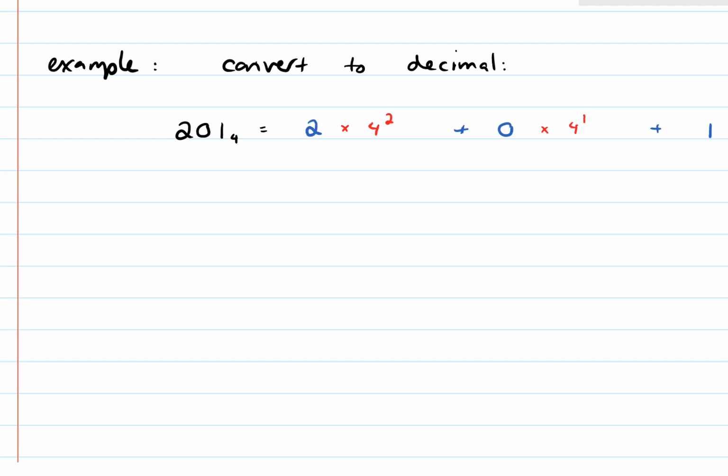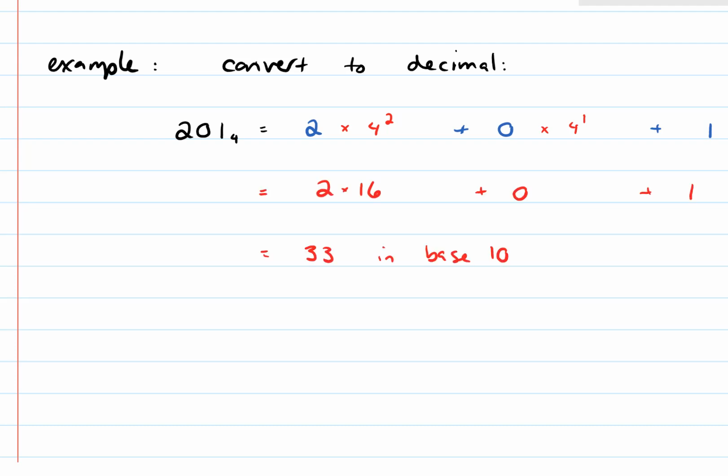The number to the right, the 1, is in the 1's place. The second number over, the 0, is in the 4's place. And the third one, from the right, the 2, is in the 16's place. So if you think about the decimal system, it would be the 1's place, the 10's place, and the 100's place. Here we've got the 1's place, the 4's place, and the 16's place.